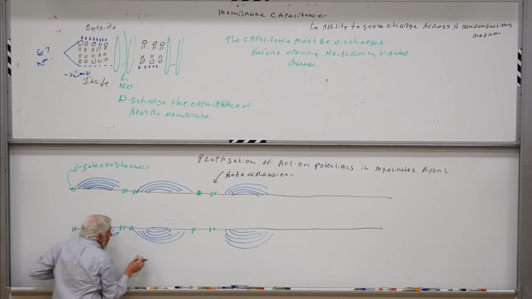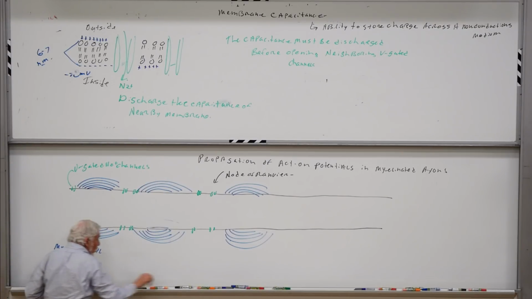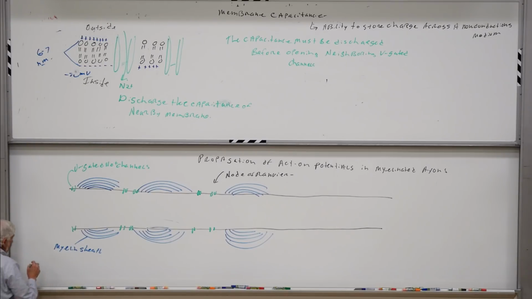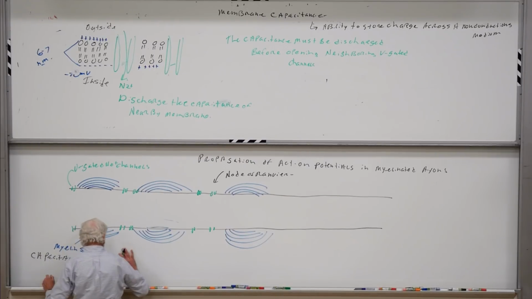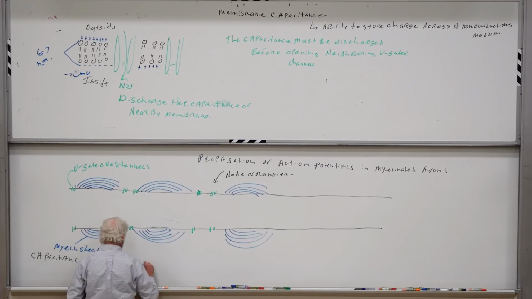Now, the point I need to make here, and I'll give the numbers to it, then I'll try to explain it as a kind of concept. And that is capacitance. Capacitance in series. Capacitance in series adds as the inverse.